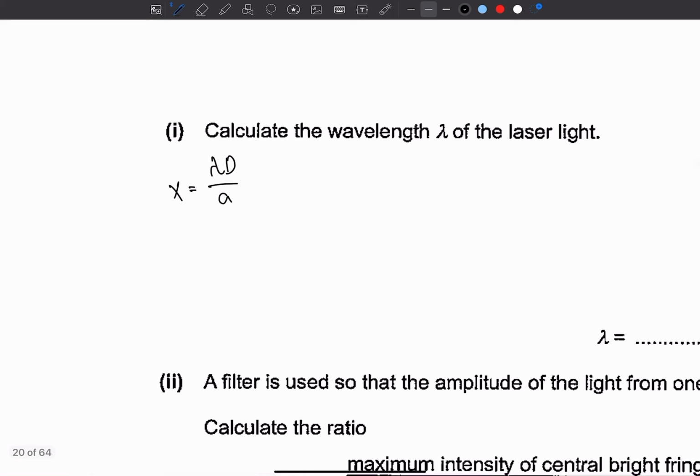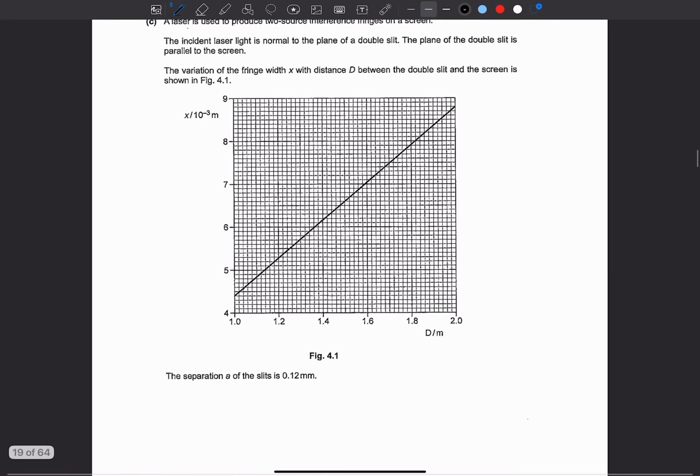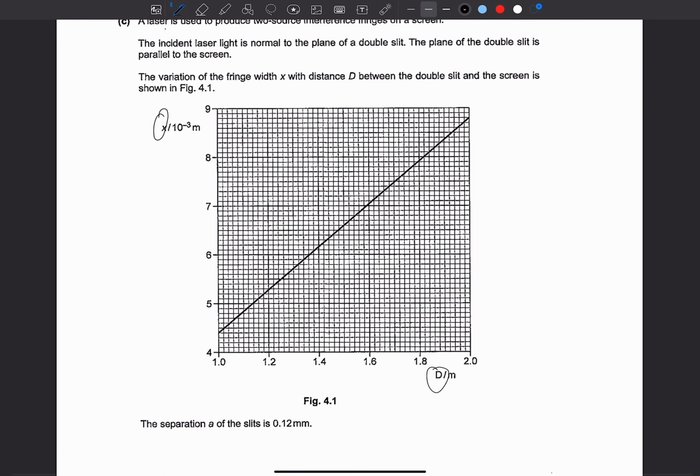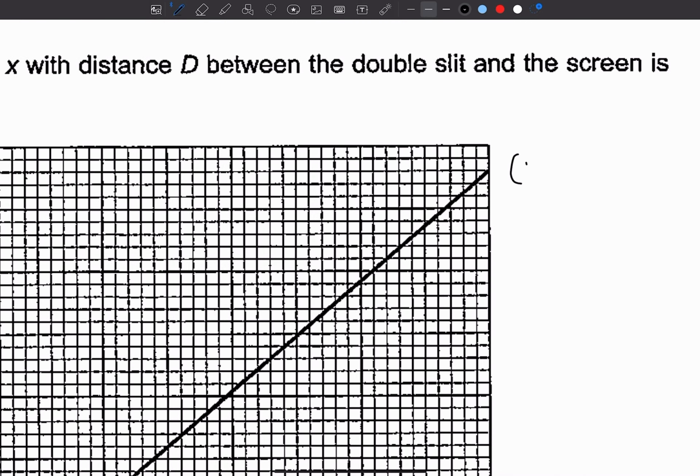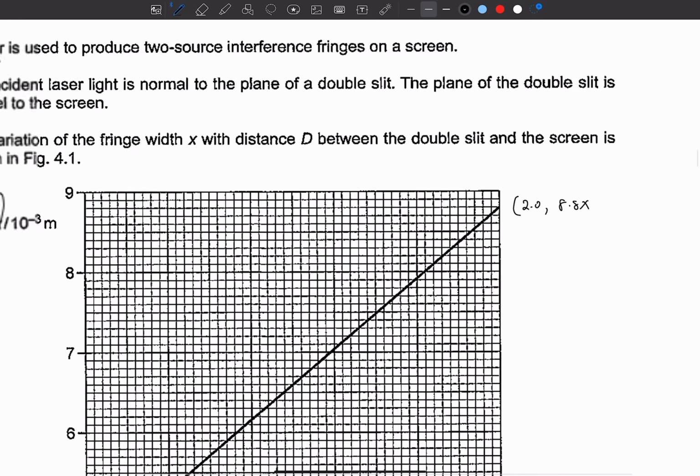So lambda would be x over d times a. And what's x over d? It's actually the gradient of this graph. So this position here, the x coordinate is 2.0, y coordinate is 8.8 times 10 to the power of minus 3.